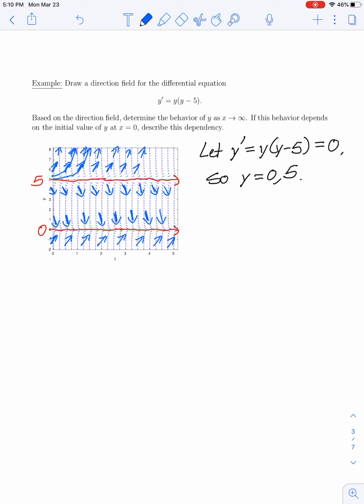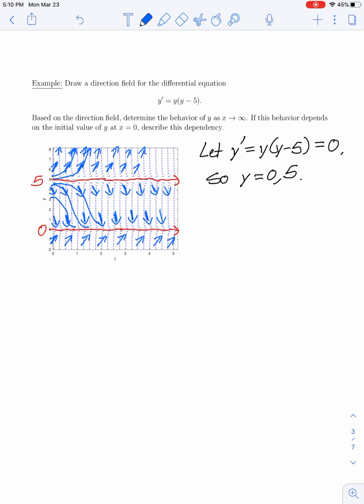So it appears that for solutions that have an initial value between 0 and 5, our solution curves will initially move downward, and they start flattening out as we're moving towards 0.